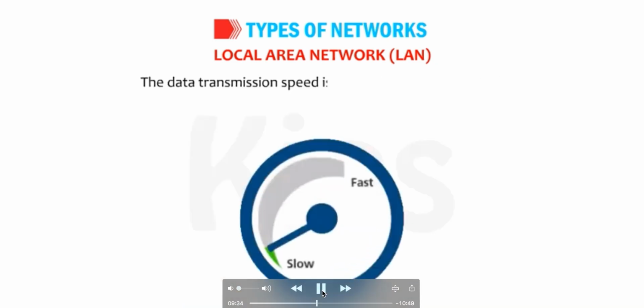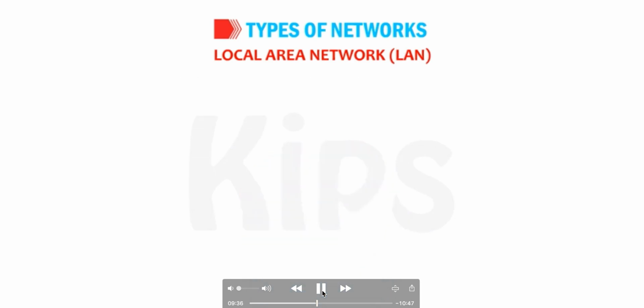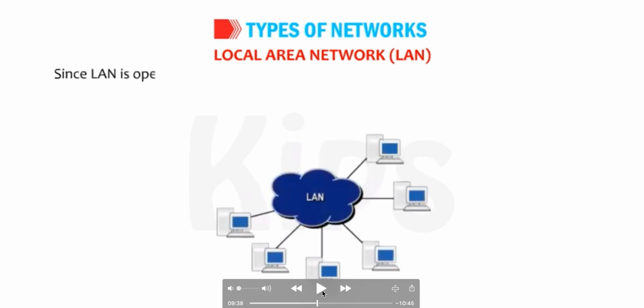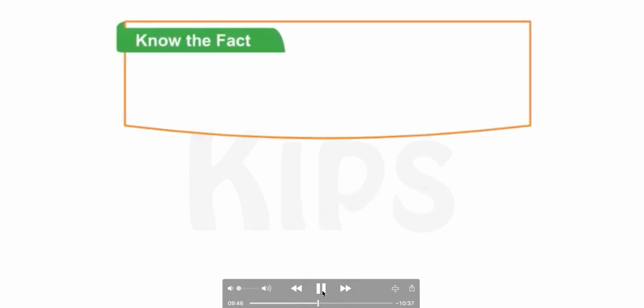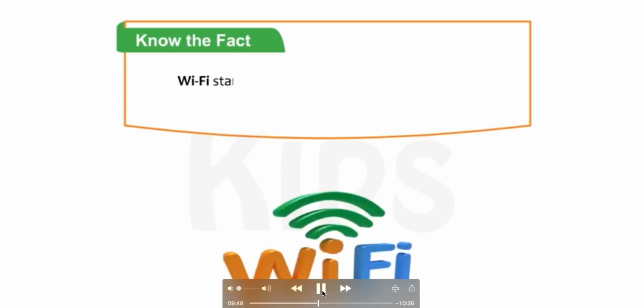Can you observe on the screen? The data transmission speed is slow compared to WAN. What is WAN? I'll let you know. Since LAN operates in a small area, it can be controlled and administered by a single person or a single organization. Okay, make a note of it.